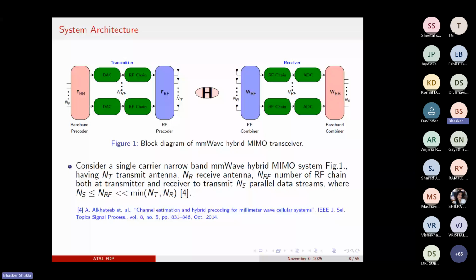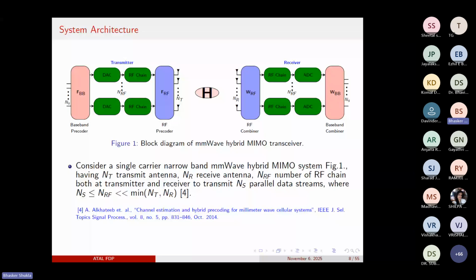So when we increase the number of antennas, there will be as many RF chains as antennas if we use only a digital precoder.